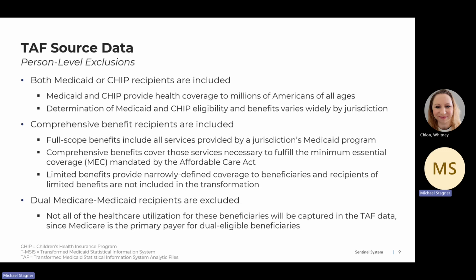Full scope benefits include both mandatory, for example, inpatient and outpatient hospital care, and optional prescription drugs, dental care, physical therapy services. Minimum essential coverage mandated by the Affordable Care Act includes acute care services, prescription drugs, and laboratory services. And limited benefits are usually tailored to specific services, such as family planning or emergency services.